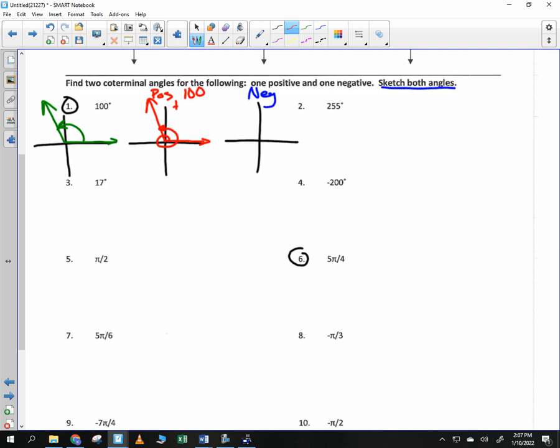I add 360 degrees and I get 460 degrees. I would like to find a negative coterminal angle. So I'm going to be in the same position, just go the opposite direction. And that would be 100 minus 360, which is negative 260 degrees.